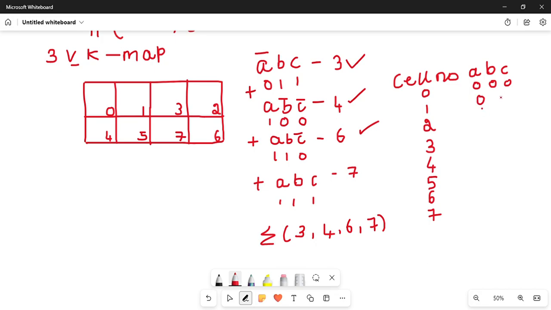So 0 0 1. So 0 1 0. 0 1 1. 1 0 0, 1 0 1. 1 1 0 and 1 1 1.